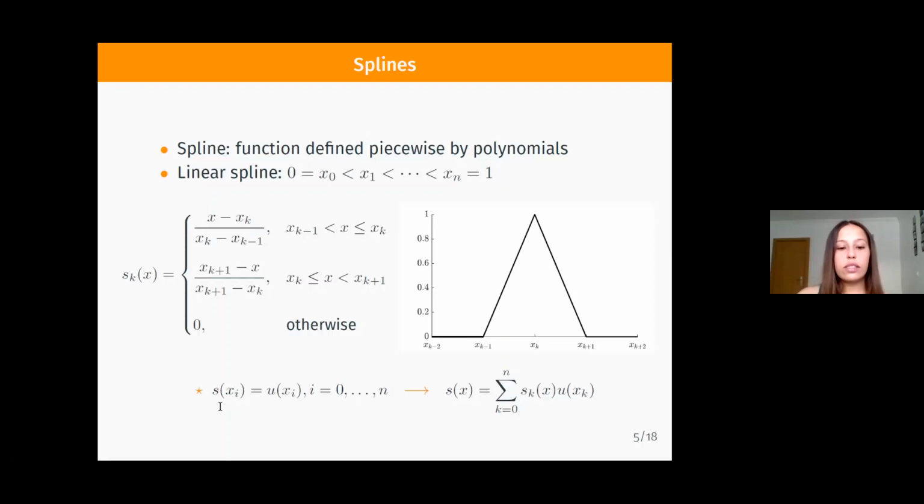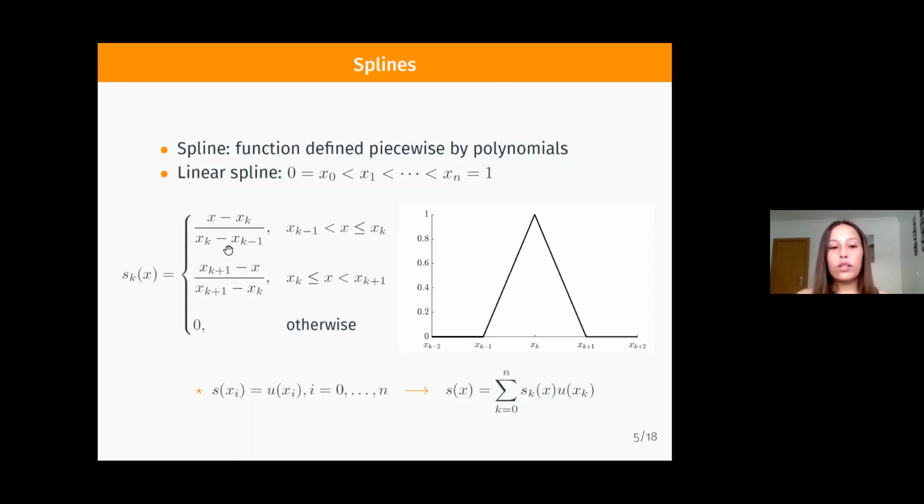And as the splines are interpolator functions, to get the coefficients that we want, we just have to impose that the values of s at x_i are equal to the values of u at x_i, the points of the mesh, and we get this formula for the linear spline.